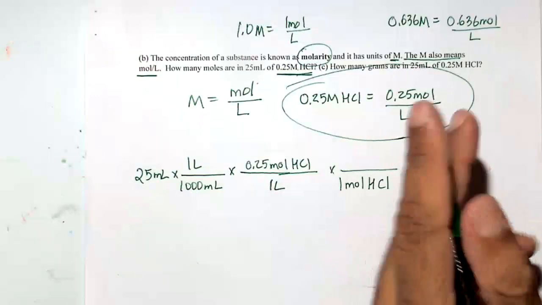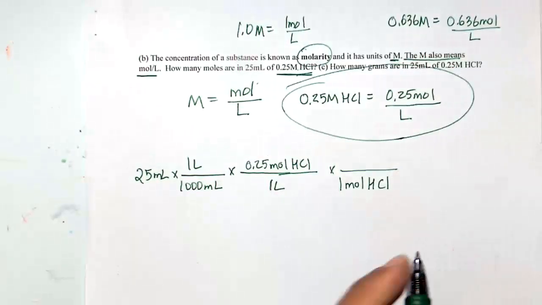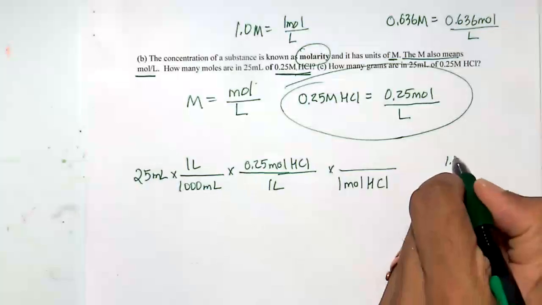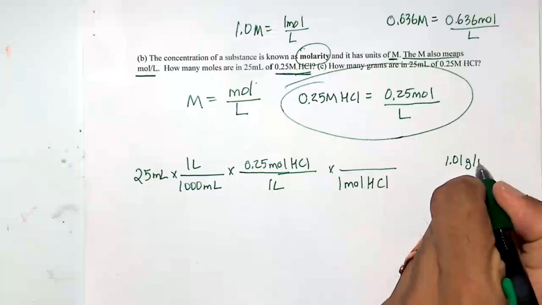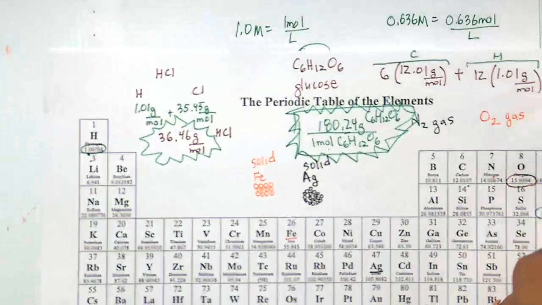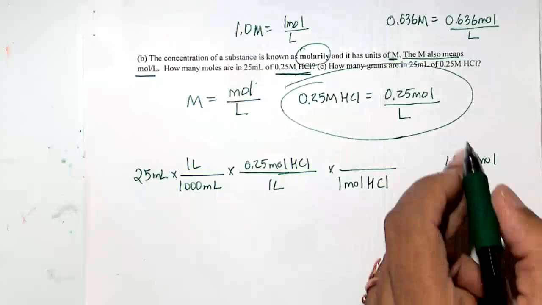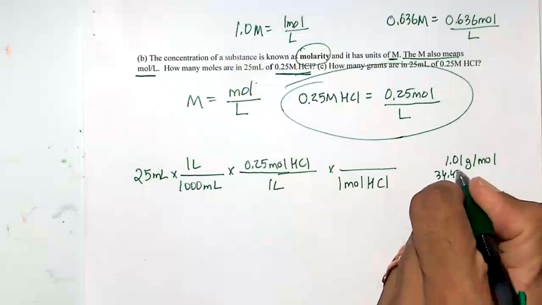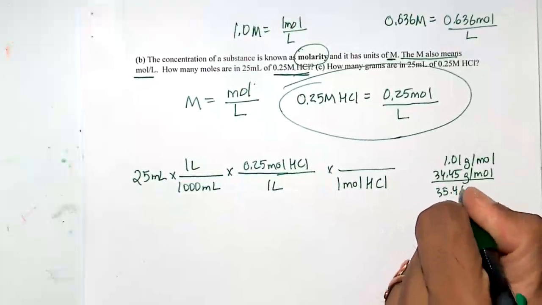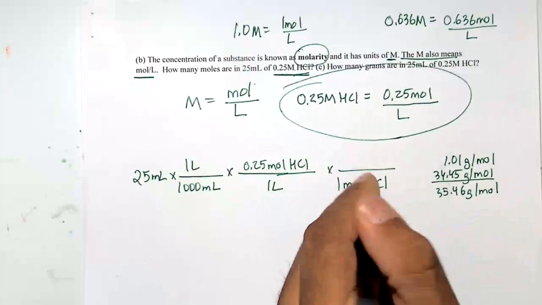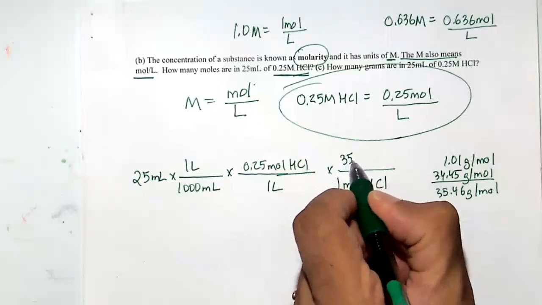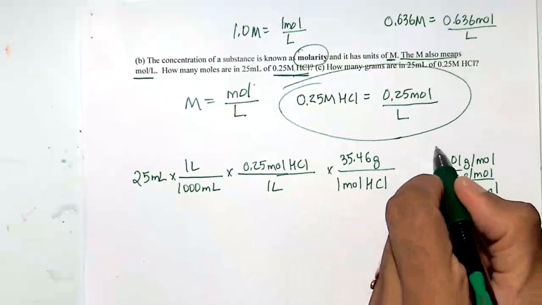Now we can give a little bit more accurate molecular weight. How much is hydrogen? We'll add some digits here. 1.01 grams per mole. How much is Cl? We'll go with 35.45, a little bit better than the last problem. So 35.46 grams are in 1 mole. So 1 mole of HCl contains 35.46 grams. Okay?